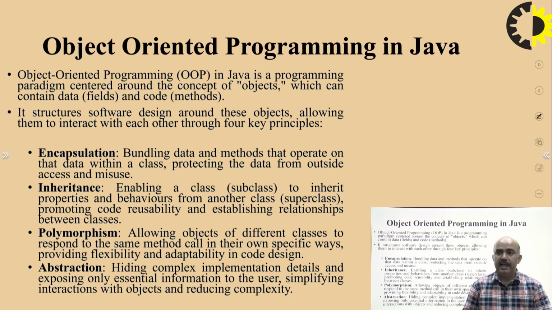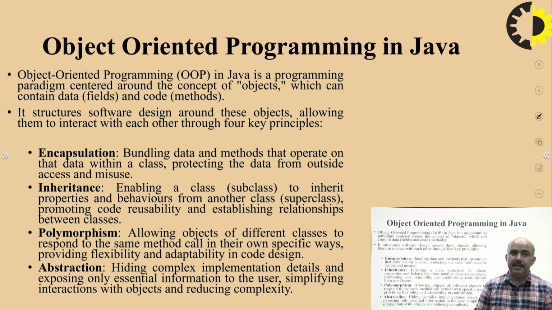Generally, we declare those data as private so that nobody can access them. If they have to access them, there are certain methods, getters and setters, through which we can access those data.